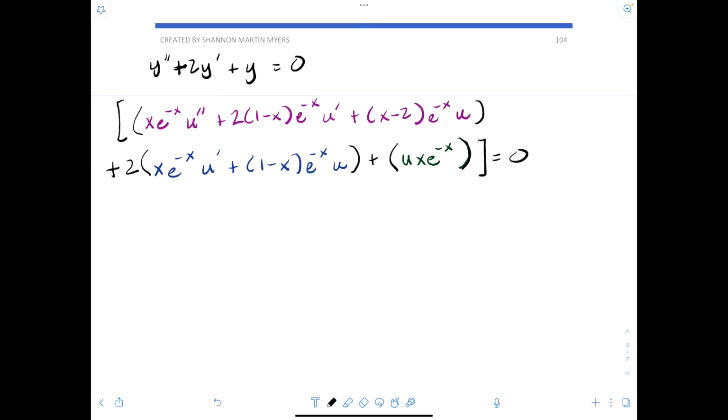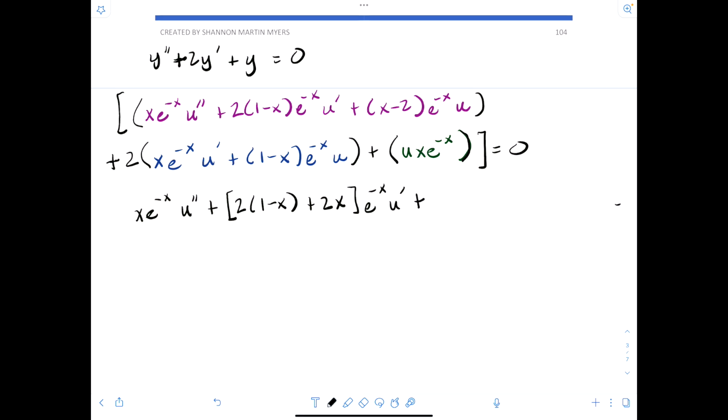And then continuing, we will have xe to the negative x times u double prime. Working with the coefficients of u prime, factoring out an e to the negative x, we'll have 2 times these 1 minus x's, the next u prime is over here, plus 2x, times u prime, plus, let's not forget about the 2.